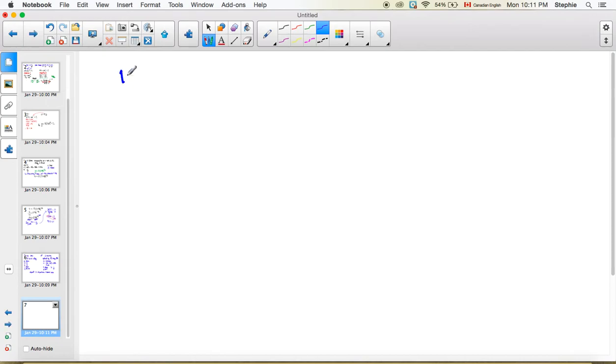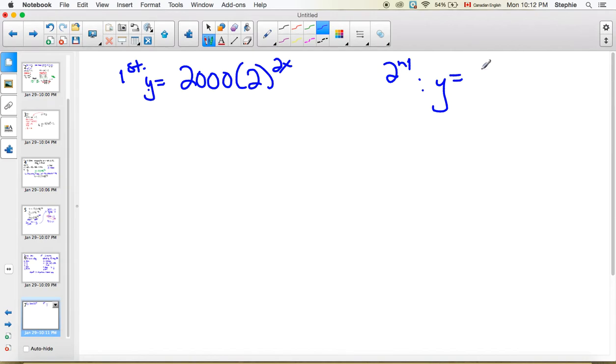So first one is 2,000 times 2 to the x, and you could say y is equal to. And the second one, you could say y is equal to 2,048,000 times 0.25 to the x over 2. Okay, now that you have them both, you're going to equate them.